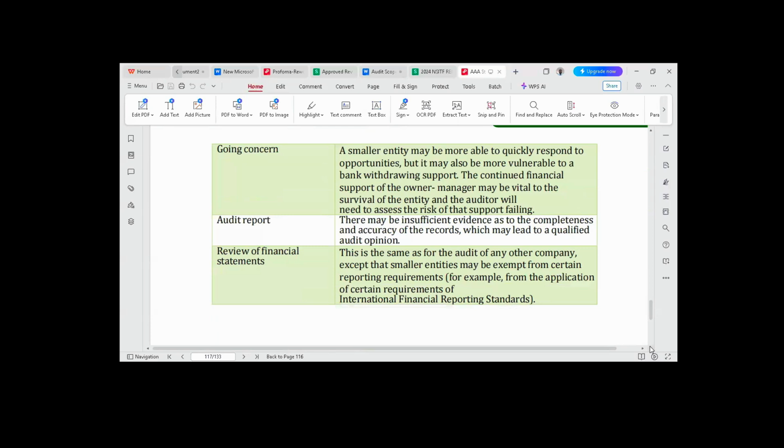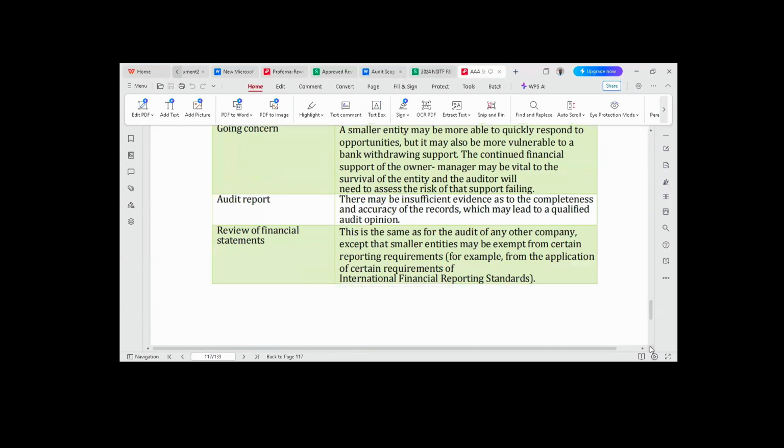So the auditor will still look at the financial statement in line with IFRS. You still look at it, but you see that most times they will not comply with some of those standards. Why? Because they are small.